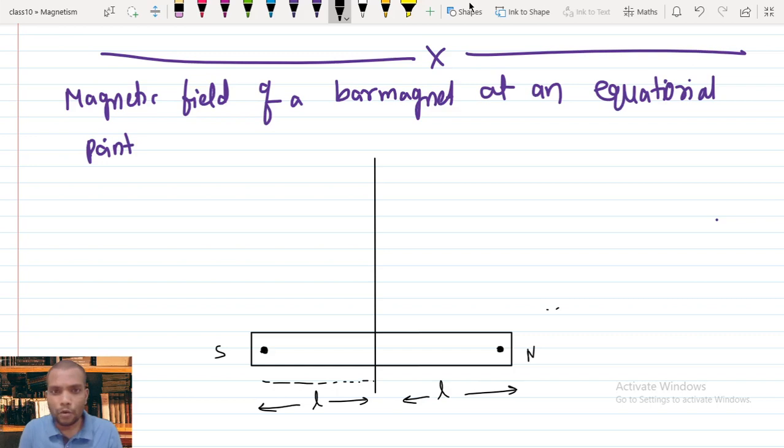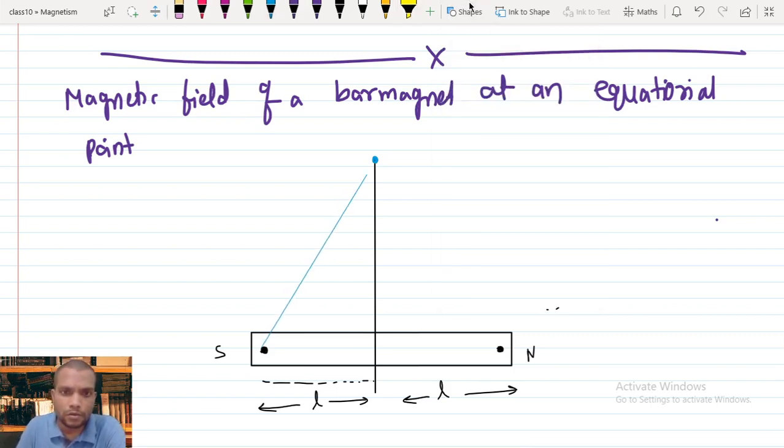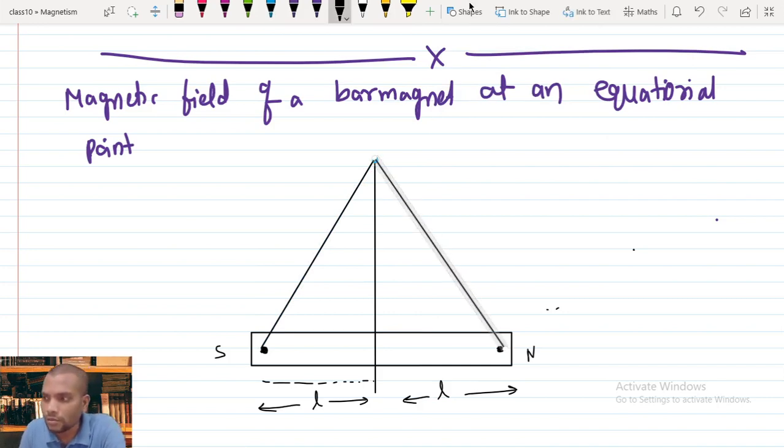Now consider a point P exactly here, which is at a distance x from each pole. From this pole to P the distance equals x, and likewise from this pole to P the distance is also x.